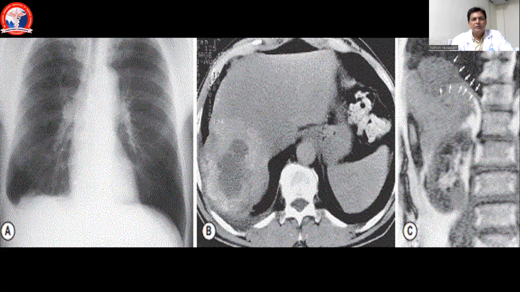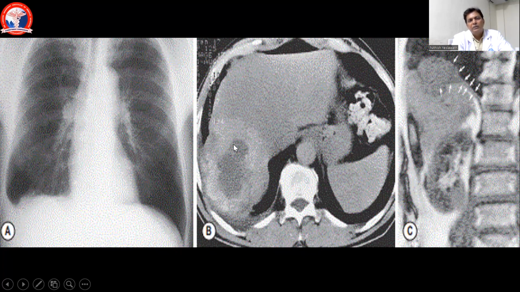This is the last slide, and what we are seeing in this image is irregularity of the diaphragm and blunting of the right costophrenic angle. These are the findings. On the CT scan, what we get to see here is a large soft tissue mass, showing heterogeneous enhancement as well as central necrosis.